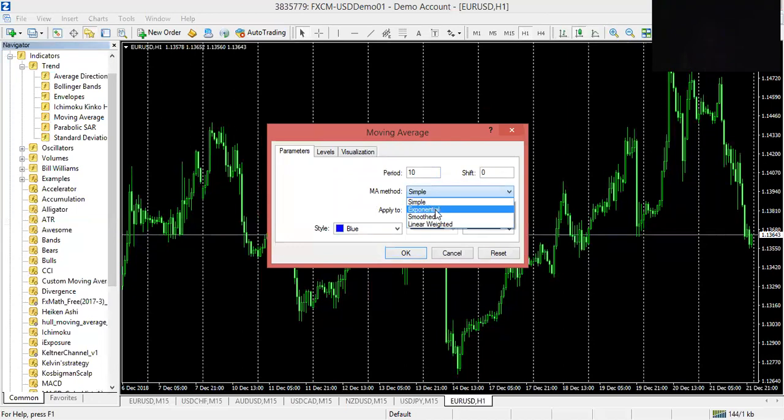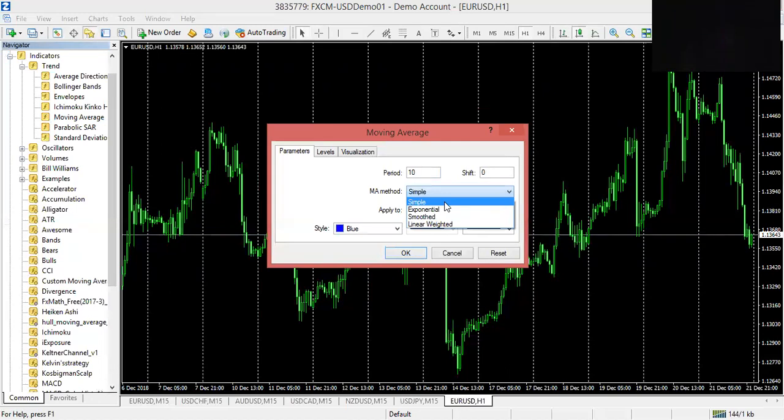Sometimes I use the exponential, but I like the smoothed. They explained the simple and exponential. The simple moving average, the way it works, how do I put it? I'll call it a lagging indicator.